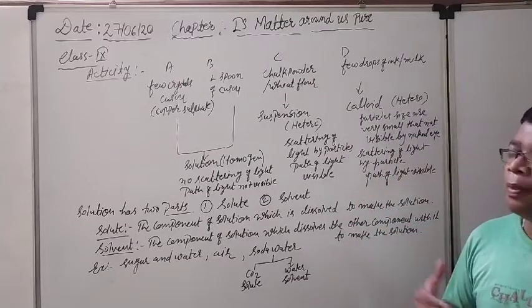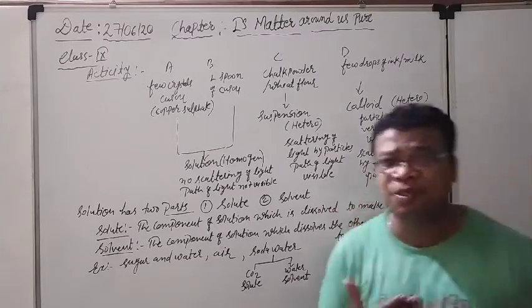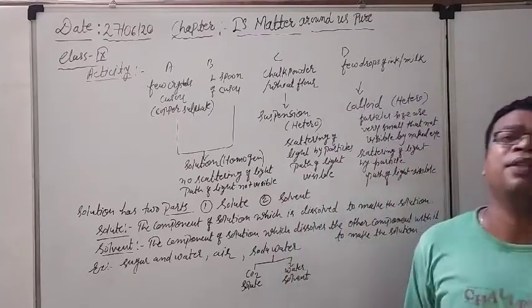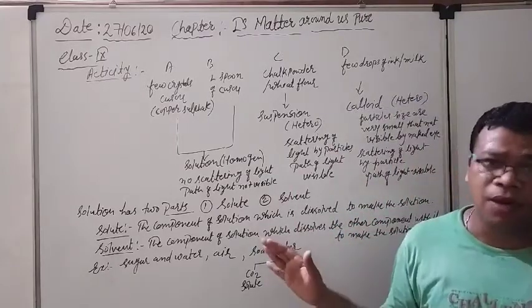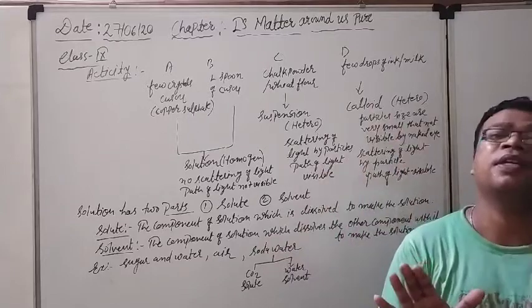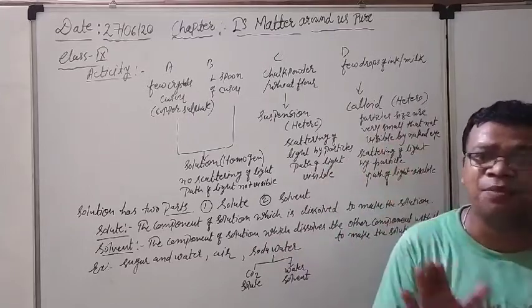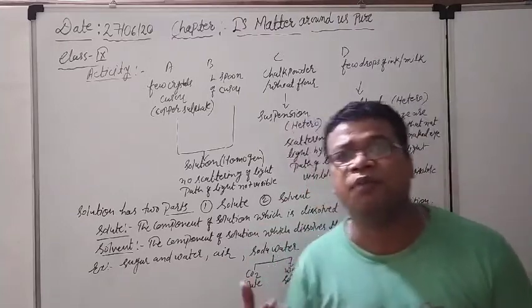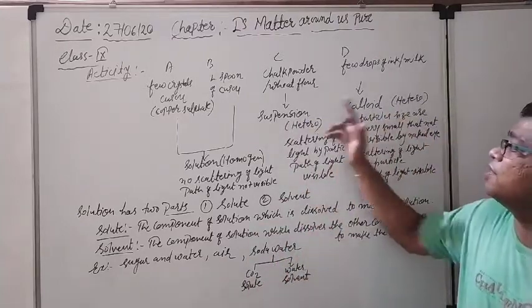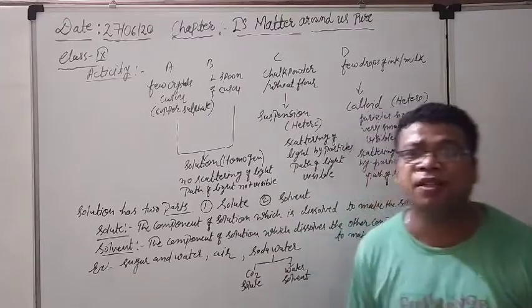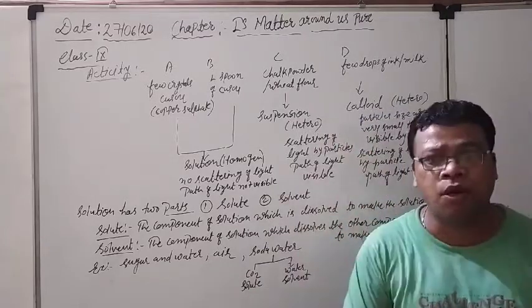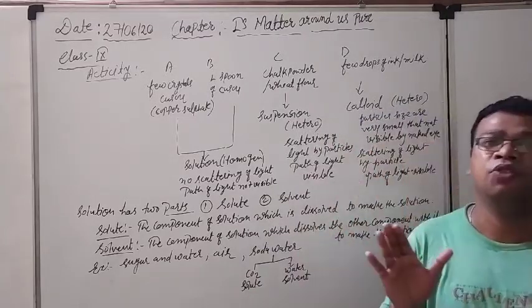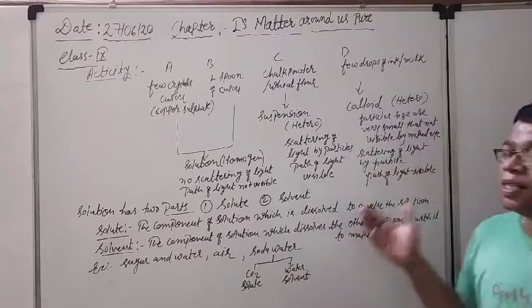It seems like they are evenly distributed with the water, but the case is not like that. Their size is very small as compared to the suspension particles, so they are hardly seen by the naked eye, but the properties are the same.